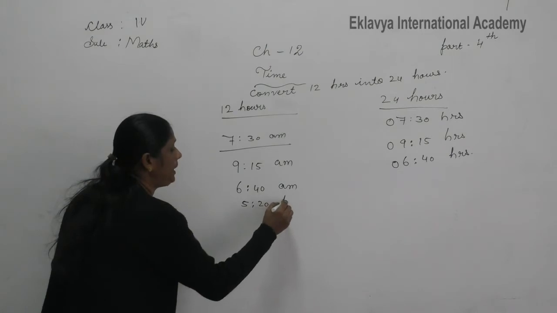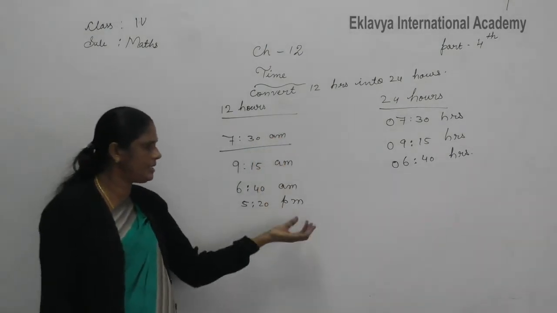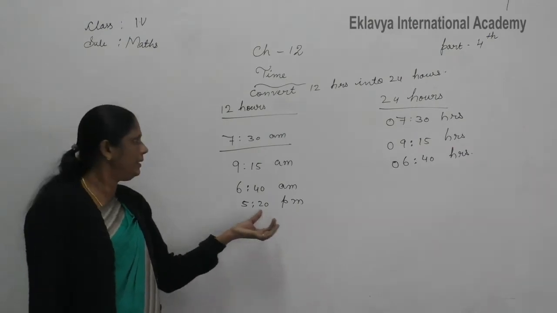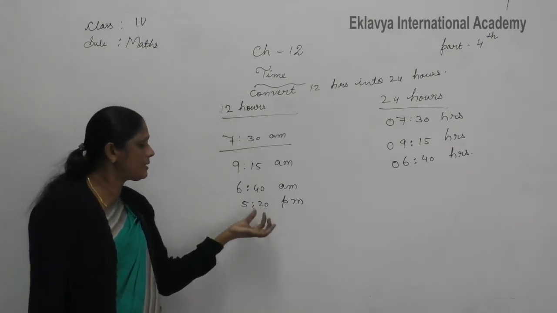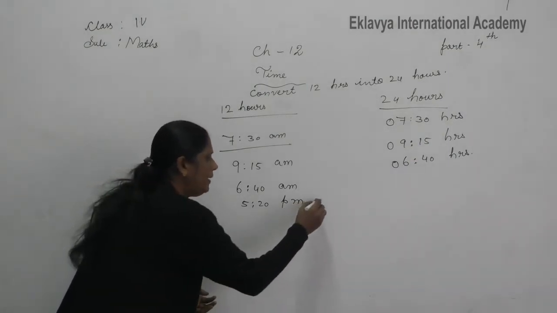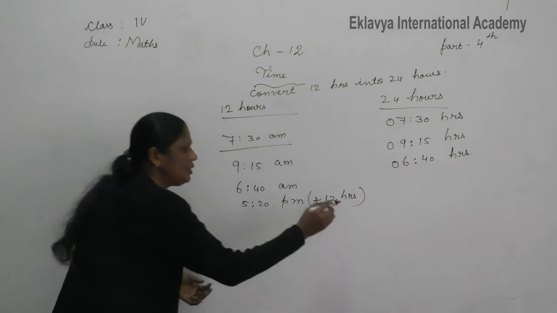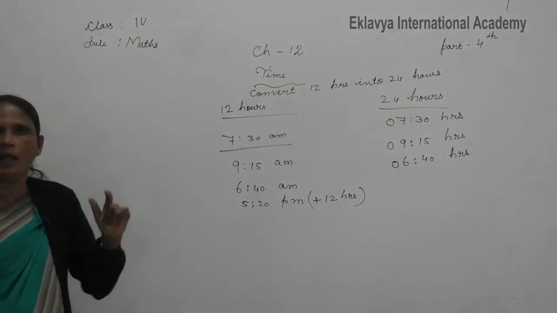Next, look here: 5:20 PM. I change AM to PM. When PM comes in 12 hours time, you add 12 hours. How many hours do you add? 12 hours.